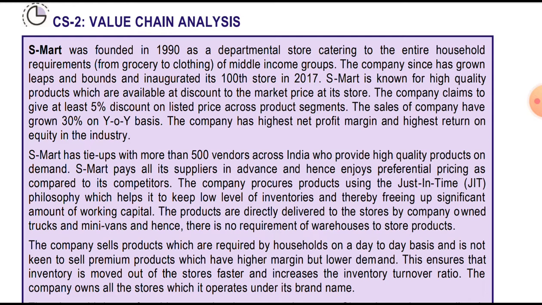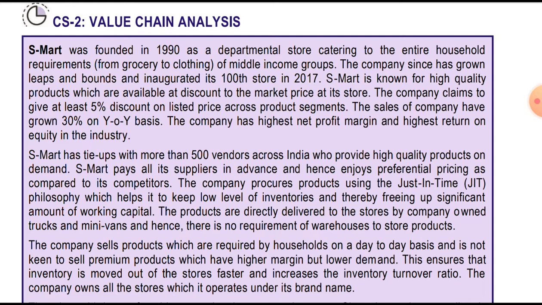Smart is known for its high quality products which are available at a discount to the market price at its stores. So it is claiming that the company sells quality products at a discounted price. The company claims to give at least 5% discount on the listed price across the product segment.